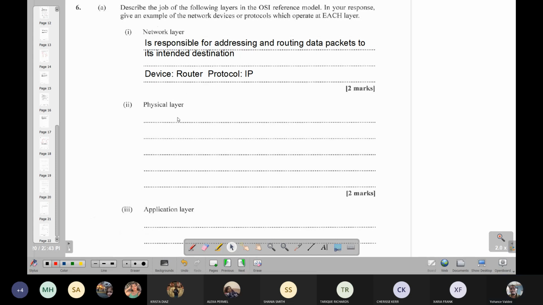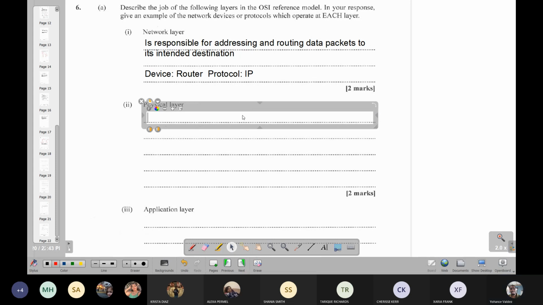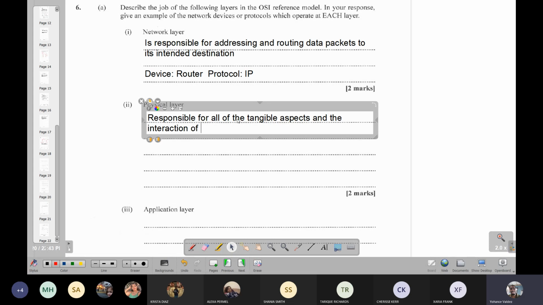Okay. Your physical layer. What goes on at the physical layer? The physical layer is responsible for the tangible aspects and the interaction of devices with the medium.